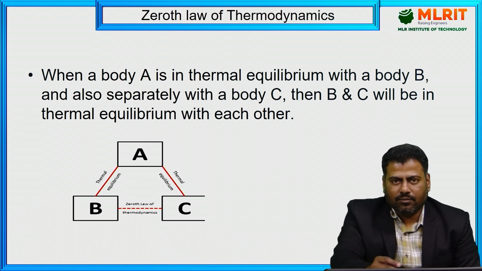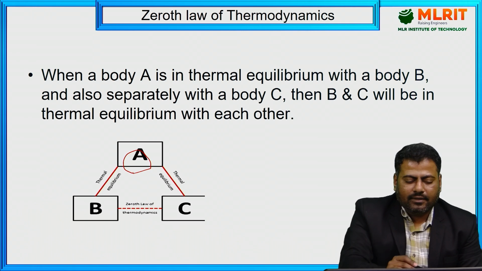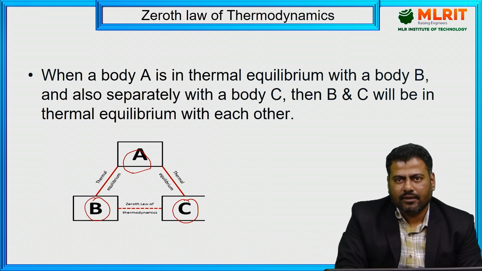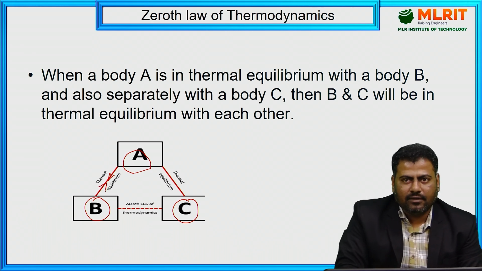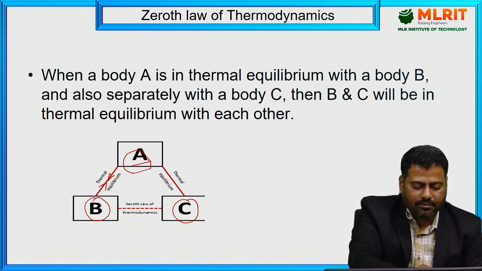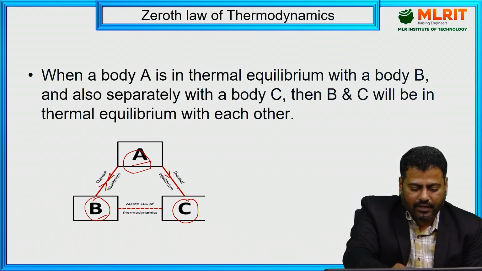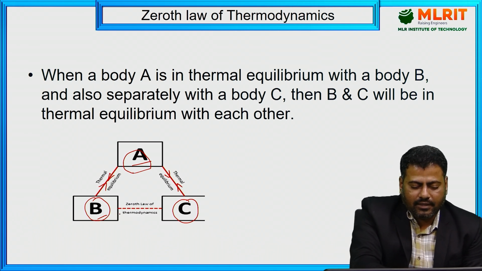Here, the body A is separately in thermodynamic equilibrium with body B and body C. The thick line shows the connection between system A and system B, and likewise between system A and C. But between B and C, there is no connection between these two systems.